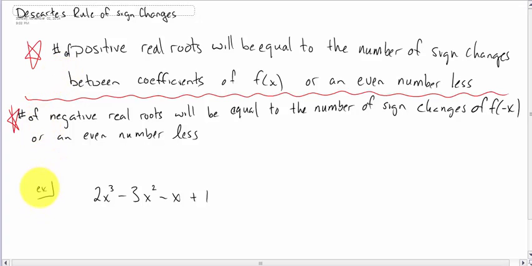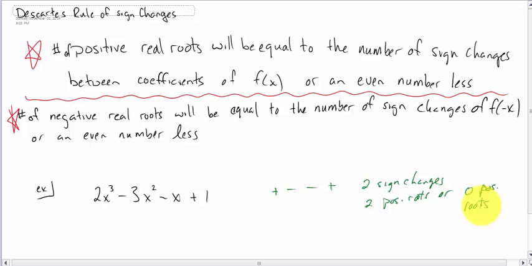If we look at this example, the terms go positive, negative, negative, positive. There are two sign changes there. According to this rule, there will either be two positive roots or an even number less than that, or 0 positive roots.